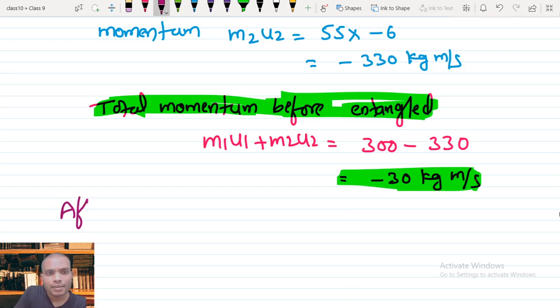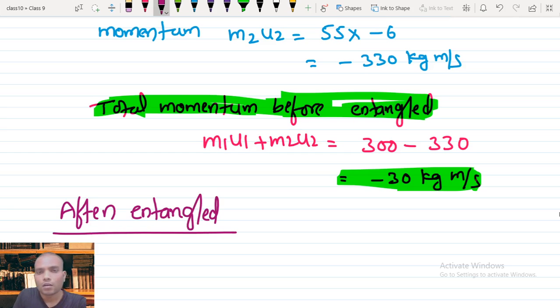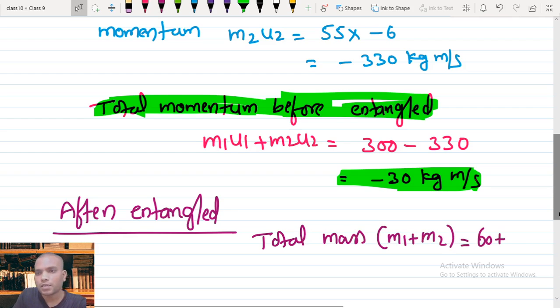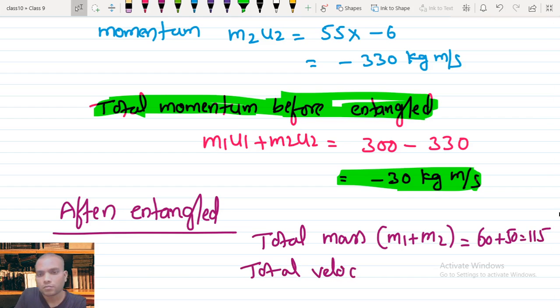Now after entangling, let the total mass m1 plus m2 equal 60 plus 55 equals 115, and the total velocity, if we take v1 and v2, be given as v.